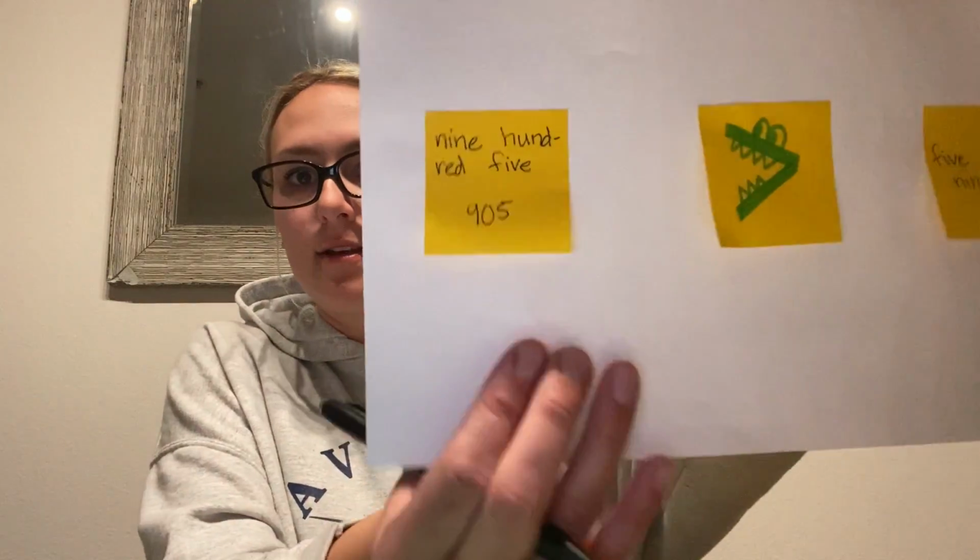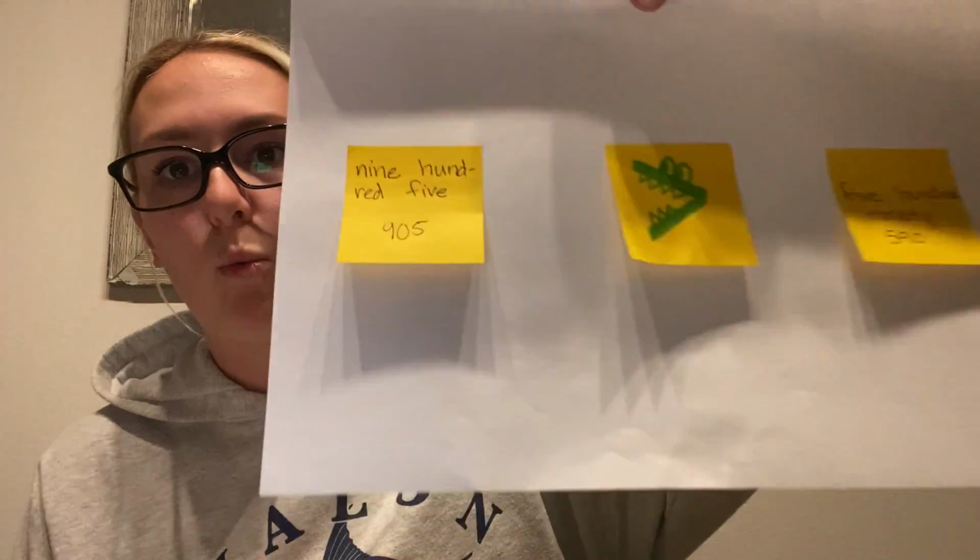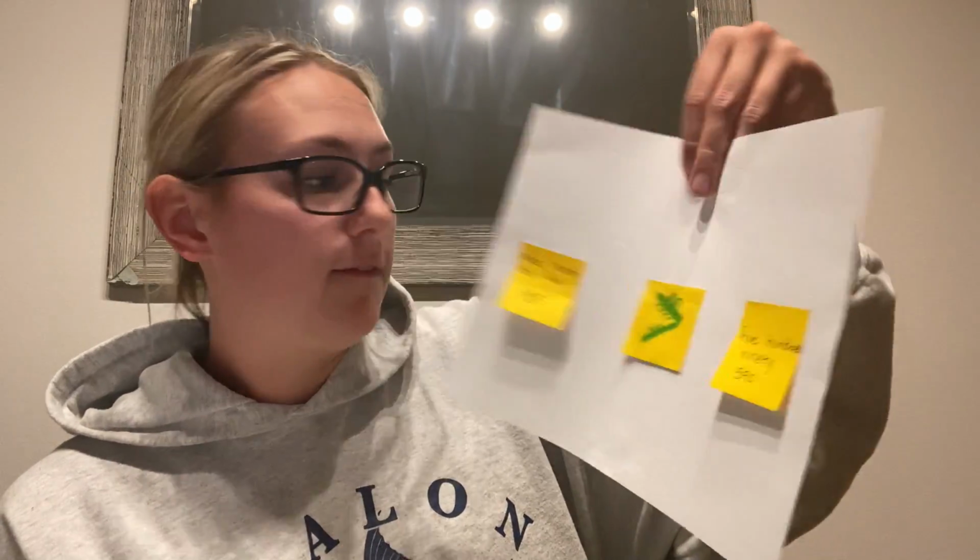And you guys did this by actually reading the numbers and then writing them out. So you saw 905 looks like this, and 590 looks like this. So I heard that once you wrote out the number, it was easier for you to compare. And then you used the greater gator and made sure that the gator was eating the larger value. Very good. So now it reads 905 is greater than 590. Is this correct? Very good, you guys.